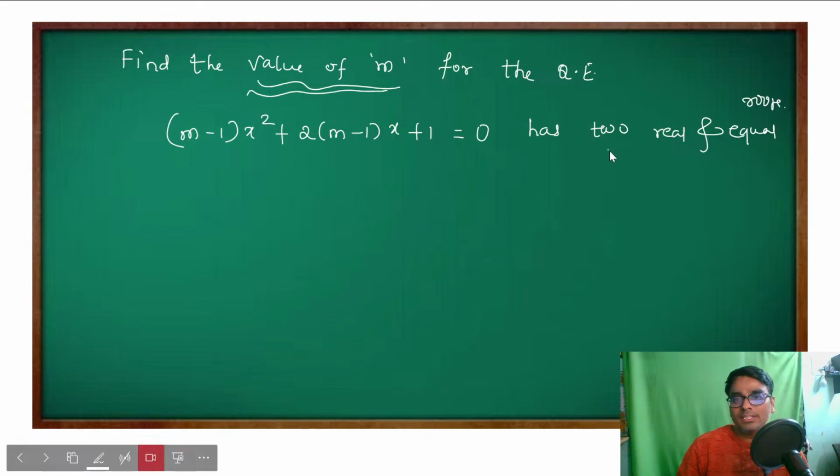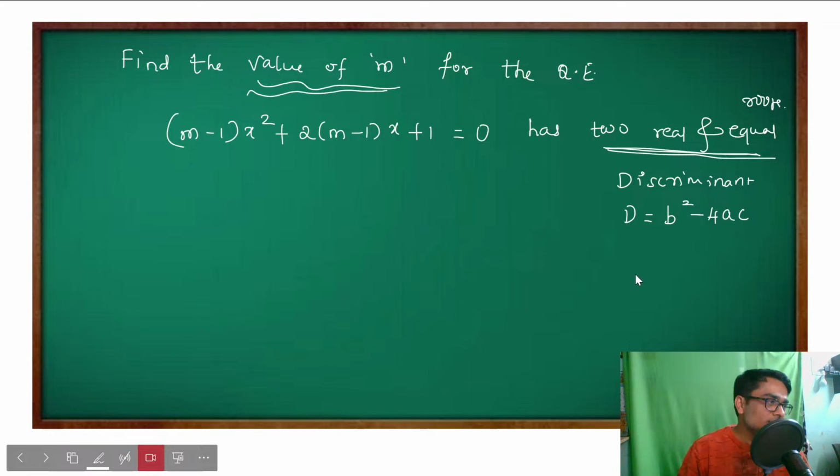Now see, this is a very important condition. This is about your discriminant. What is the discriminant? D is equal to b square minus 4ac. We have three conditions. Already I have made a video on this topic, so you might have watched that.